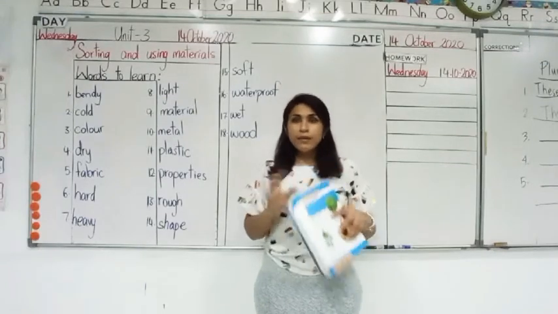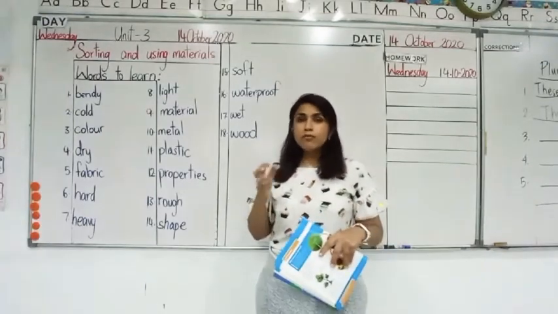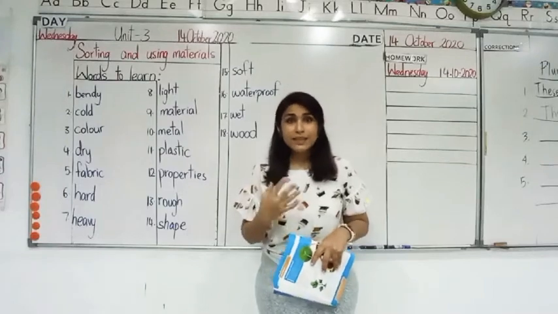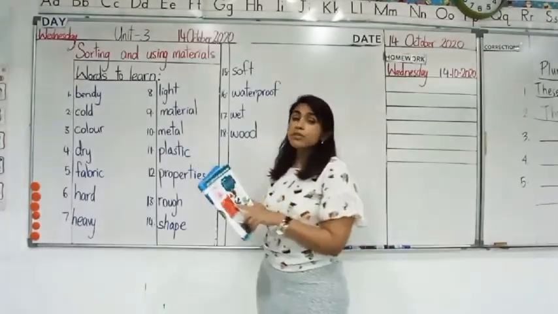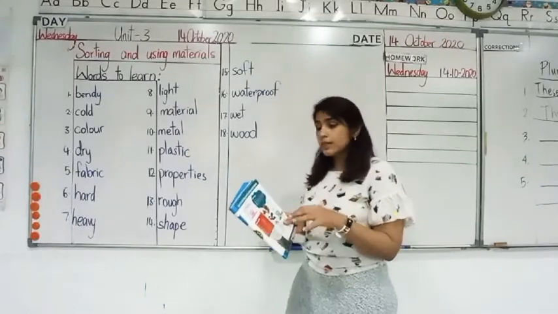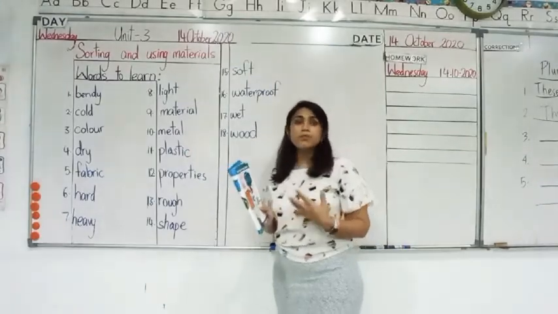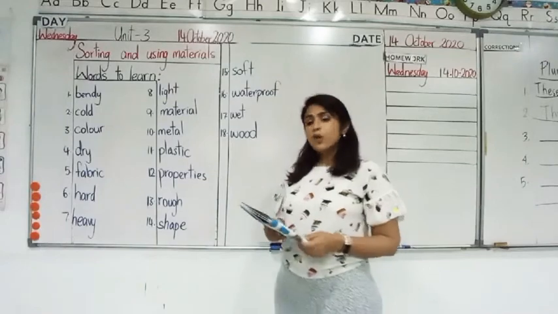So characteristics means whether something is soft, hard, or how it looks. Okay, let's get back to what you're going to learn in this chapter. That's the reason I'm using these words, for you to understand.